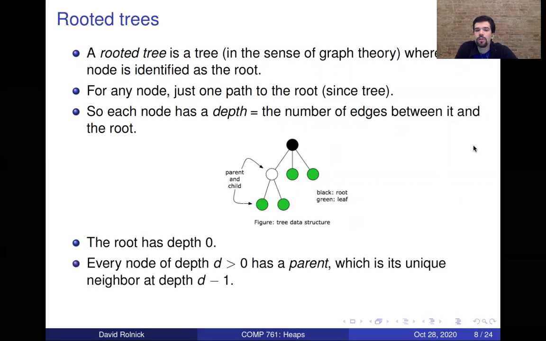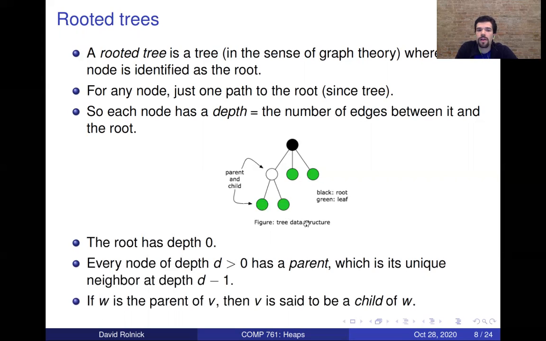And then you can say that things have parents. Every node of depth greater than 0 has a parent, which is its unique neighbor at depth d minus 1. There's exactly one thing it is adjacent to from the previous depth, and that's its parent. So then there are also children.